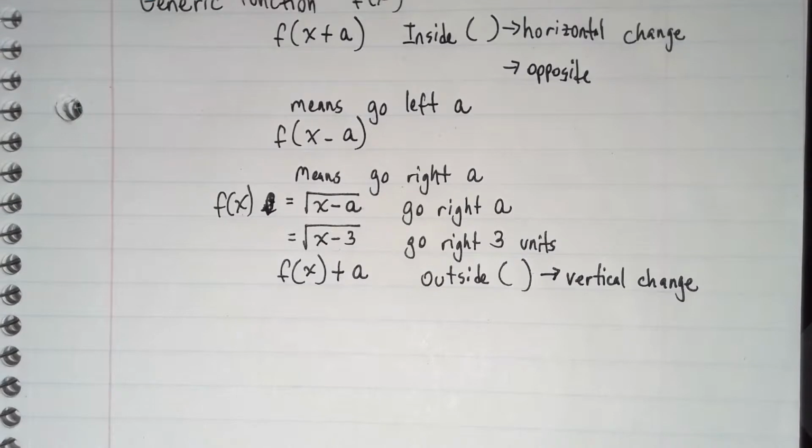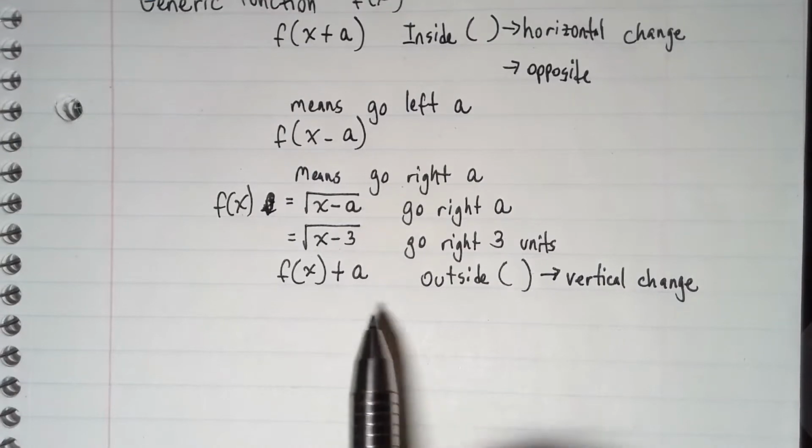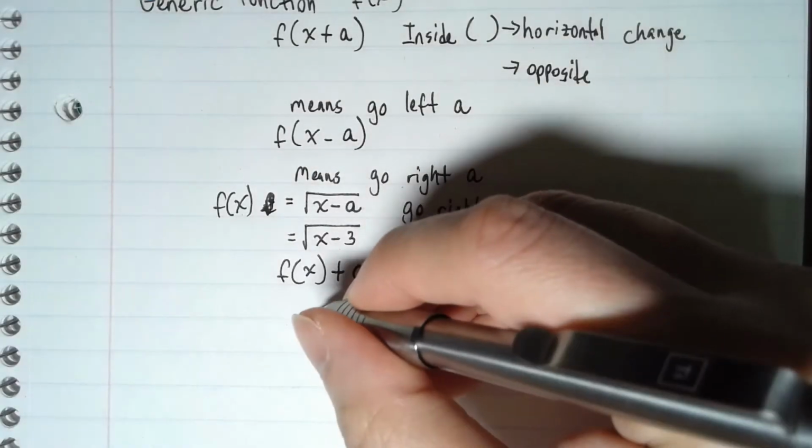All right. Not only that, it's more straightforward. You don't have to think of the opposite anymore. If it's plus, just like on a number line, a positive is up and a negative is down. Since that is plus, that means you go up.